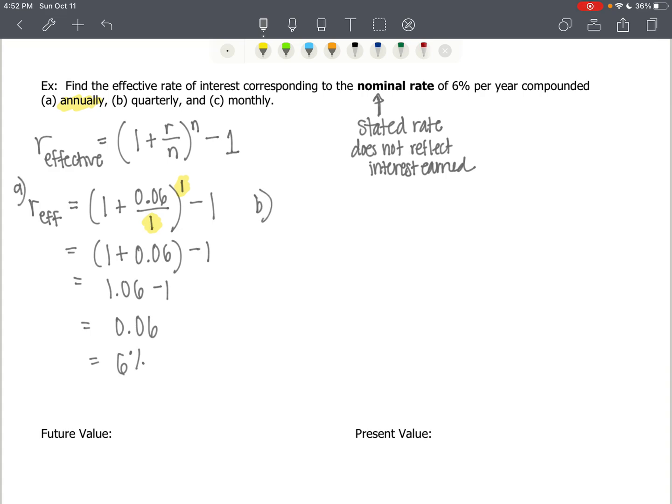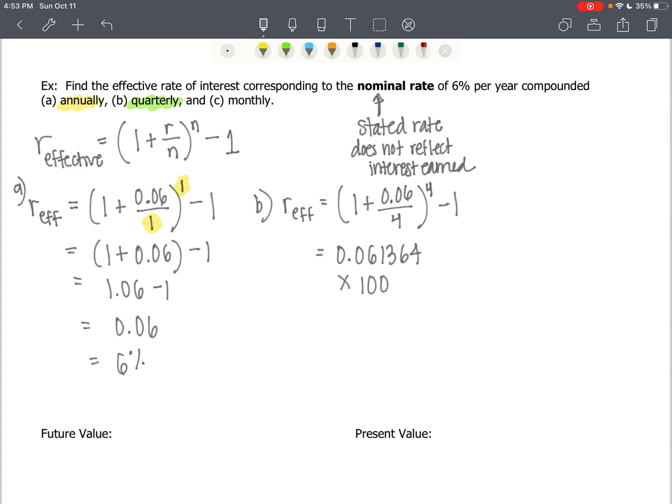Let's try quarterly. So quarterly, the effective rate is equal to 1 plus 0.06 divided by 4 for 4 quarters in a year, raised to the 4th power, minus 1. When I put that all into my calculator, I should get 0.061364.